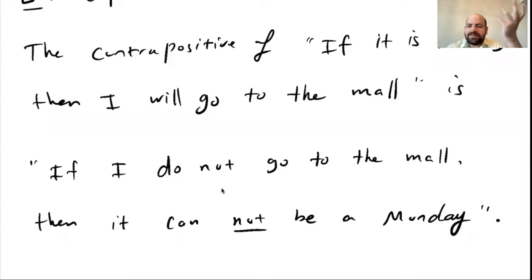See, assuming the first statement is true, unlike the previous cases, in this case, if I assume the first statement is true, then the second statement will also be true. Let's assume that if it's Monday, then I'll go to the mall. Now, if I don't go to the mall, then it cannot be a Monday, because if it was a Monday, I would go to the mall. In the previous cases, the truth of the second statement depended on my schedule.